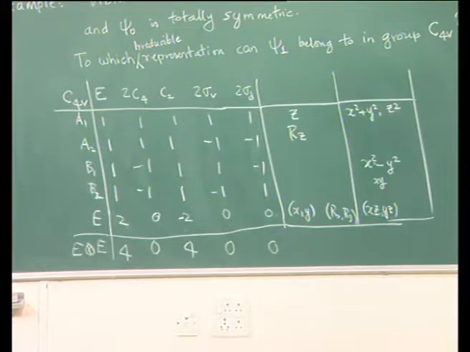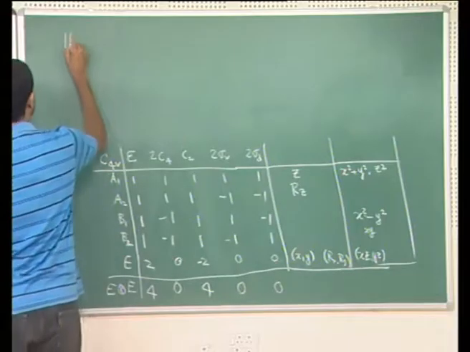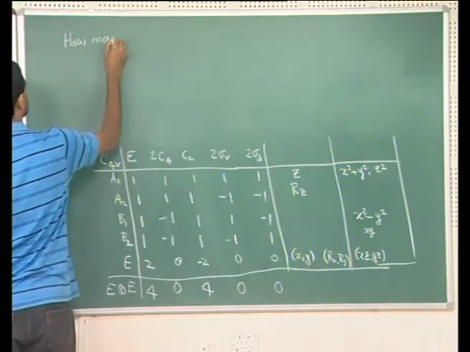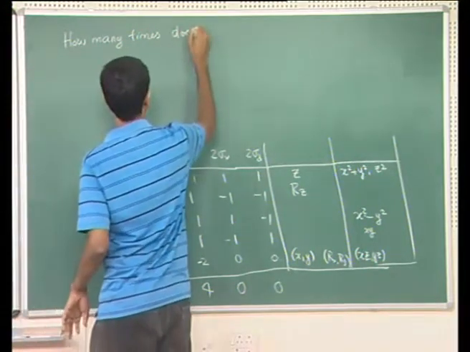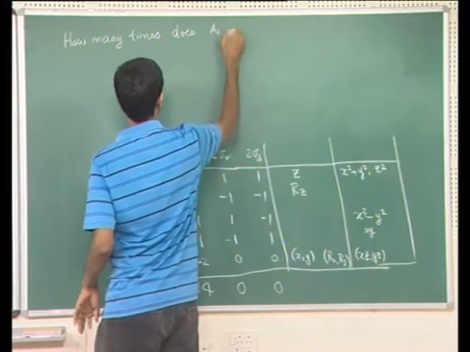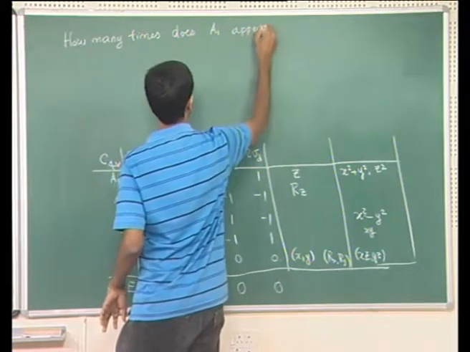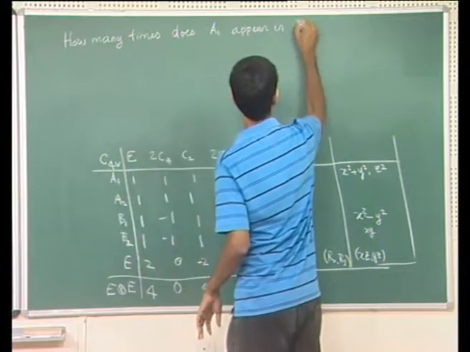We want to know how many times A1 appears in the reducible representation E cross E. So we'll go back to our earlier theorem, which said how many times an irreducible representation appears in a reducible representation. How many times does A1 appear in E cross E?